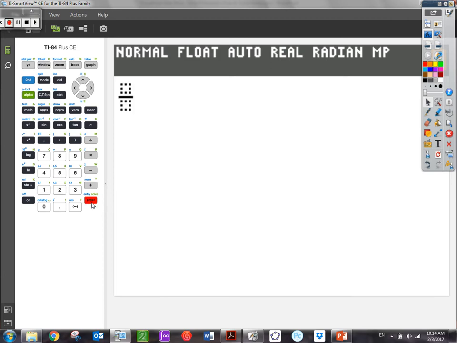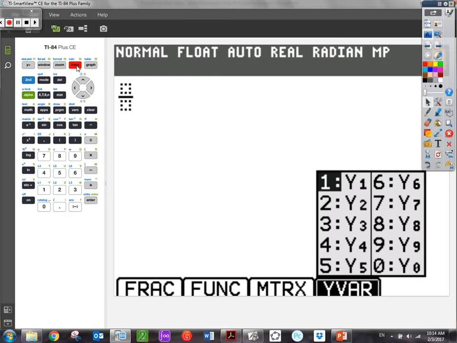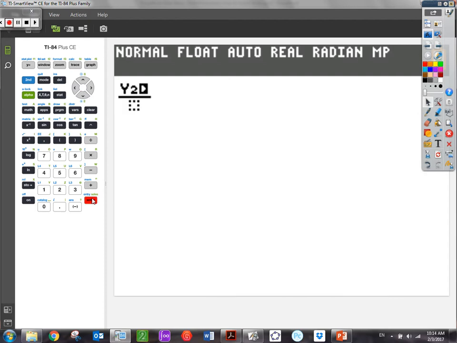Okay, so I have a fraction. I need to do the cosine one on the top, which I put in as y2. So I go alpha trace, if you recall, that's where our y's are. So I'm going to do y2. I want y2 at 2.